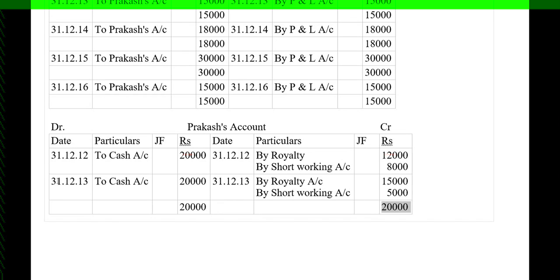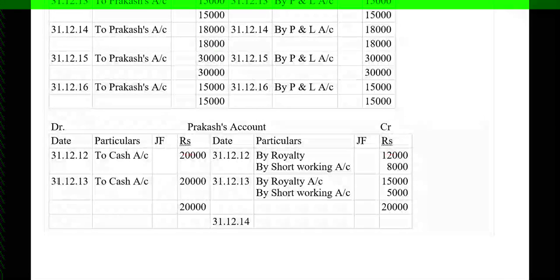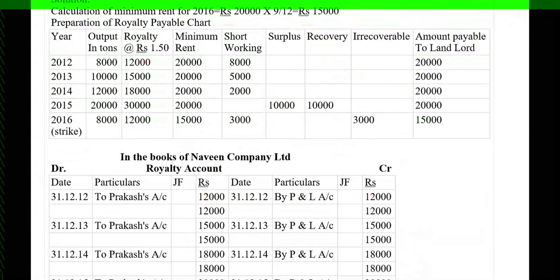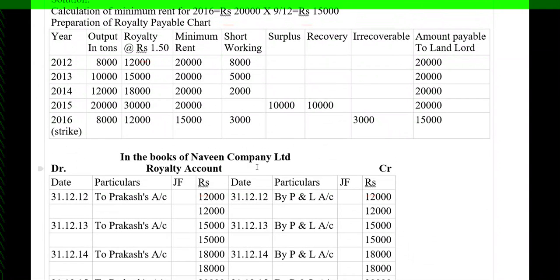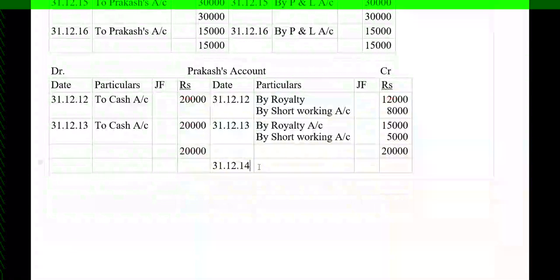Then the third year, that is on 31st 12/2014. So now let us see the chart here we have prepared. So again there is a short working, right? So when the royalty is payable, then it will be royalty account debit, short working account debit to Prakash account.